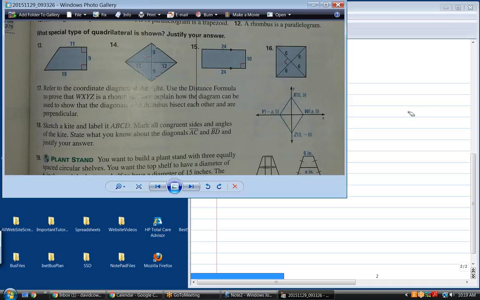Now, it is proper to say a square is a rhombus. It fits all the definitions of a rhombus: 4 equal sides, the diagonals meet perpendicularly in the middle. And it's also a parallelogram.